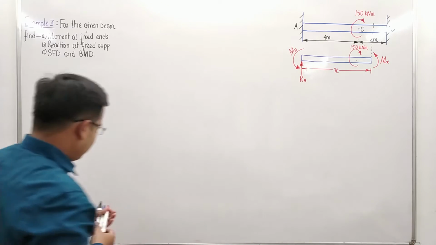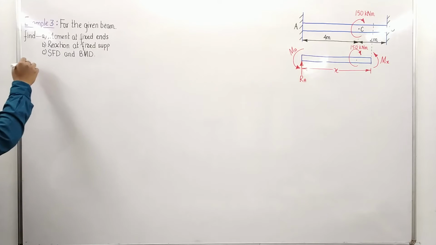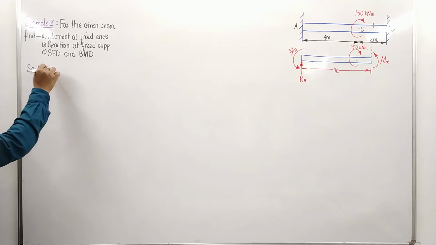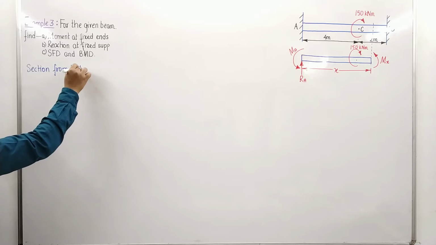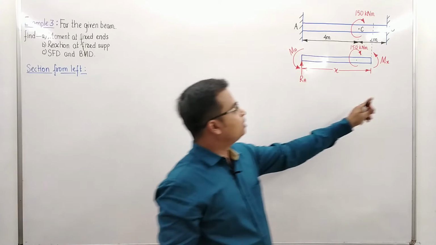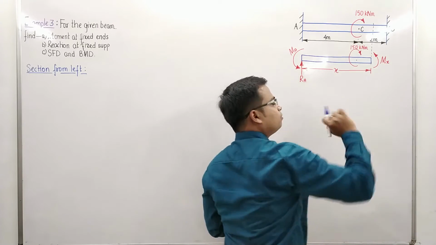First step in any fixed beam problem is to take the section. And from where have we taken the section? We have taken the section from the left hand side. And when you do that, this bending moment is of an anti-clockwise nature. If you take the section from the right, the bending moment Mx would automatically be clockwise.